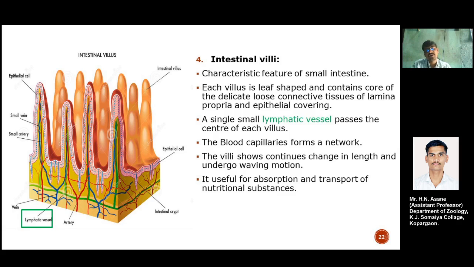So that's why all the water soluble substances, or nutritive substances, come into contact with these absorptive cells, and then these absorptive cells absorb the nutritive material, all the water soluble content. Then these capillaries or arteries supply the blood for further processes.